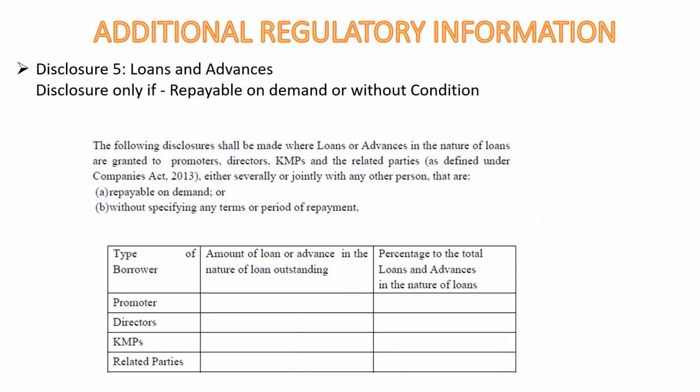Next additional regulatory information is regarding loans and advances in the nature of loans given to promoters, directors, KMPs and other related parties which are payable on demand without specifying the terms or period of repayment. The disclosure regarding loan outstanding as of March and percentage of total needs to be given. Disclosure is needed under broad headings only and not by individual names of companies or directors.